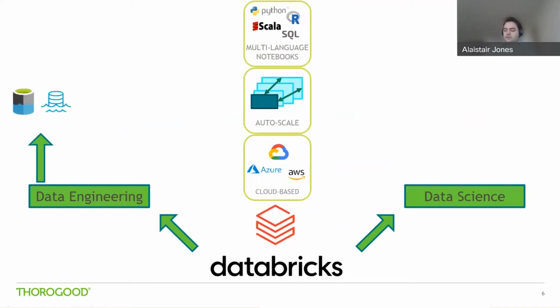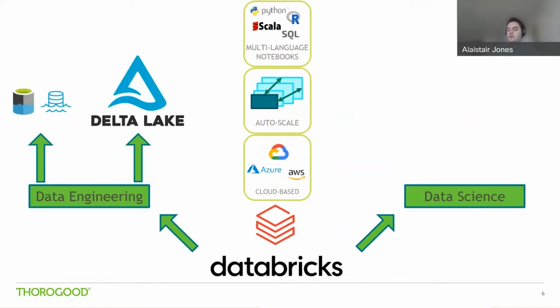Some of the features of Spark that have been enhanced and are available on the Databricks platform are, on the data engineering side, that it fits well with the native Azure, AWS, GCP cloud storage services, so ADLS, S3, the go-to data lake storages. But it also now offers Delta Lake, an open source offering that allows for a bit more structure and reliability when conducting data engineering in the cloud.